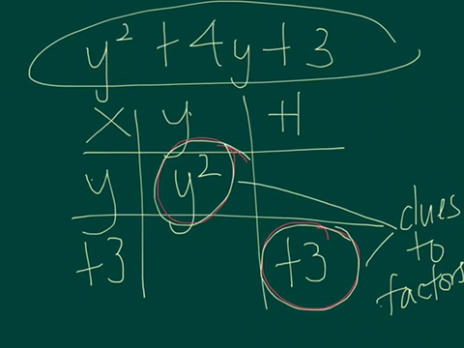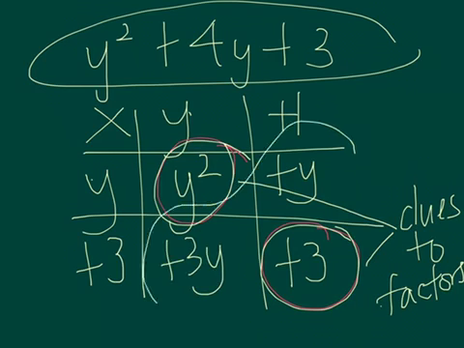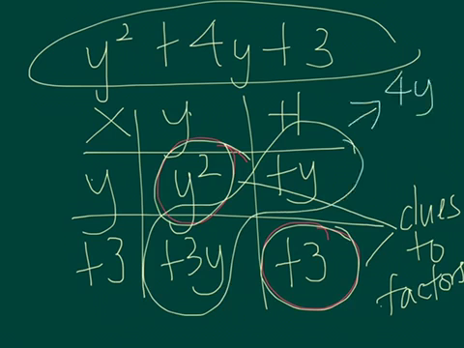Correct. So it should be plus y. And how about this box? Correct. So I write down again plus 3y. Total. What's the total? 4y. It serves as a check. Is it 4y in the equation? Correct? So it tallies, right?